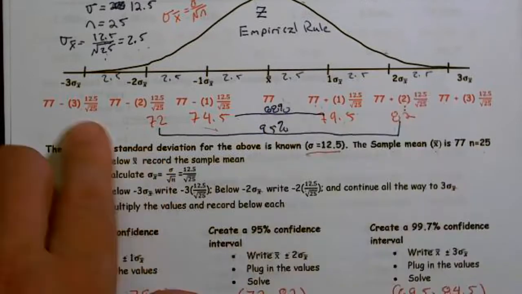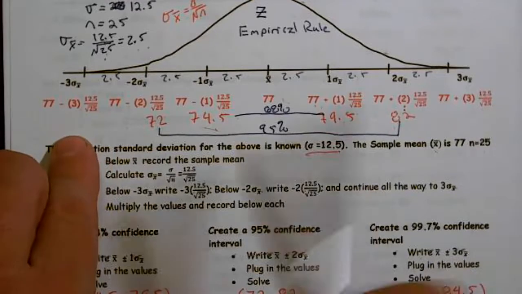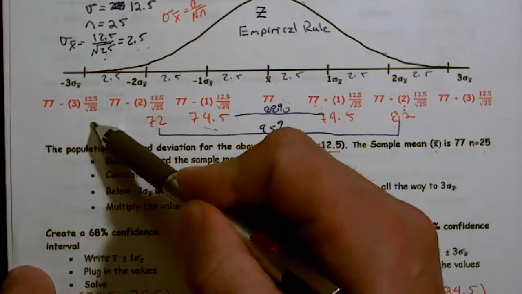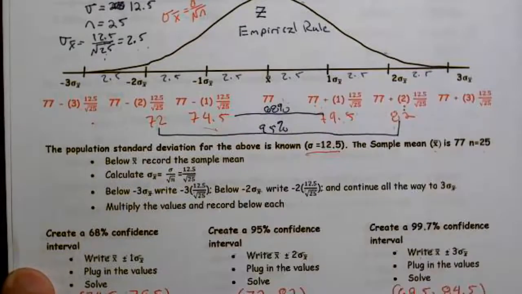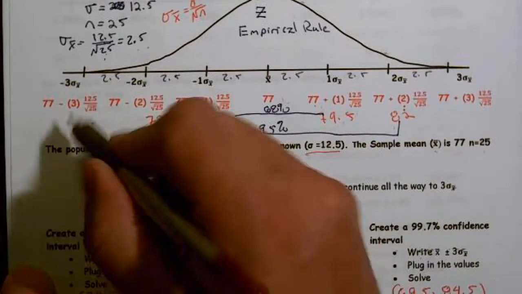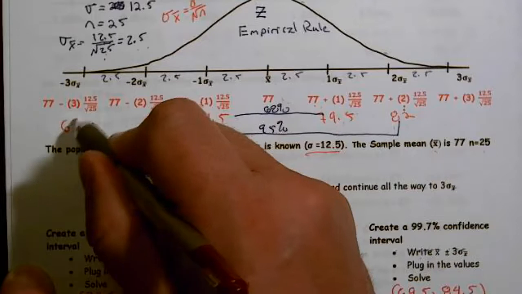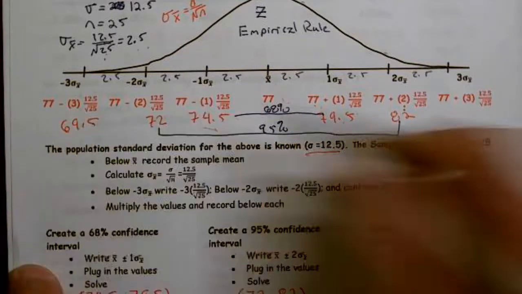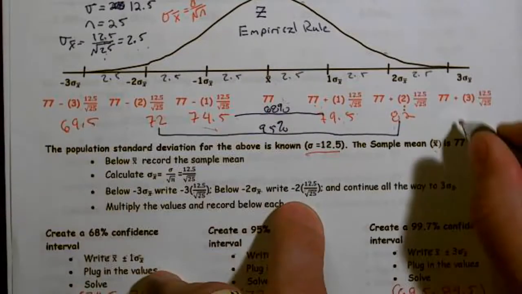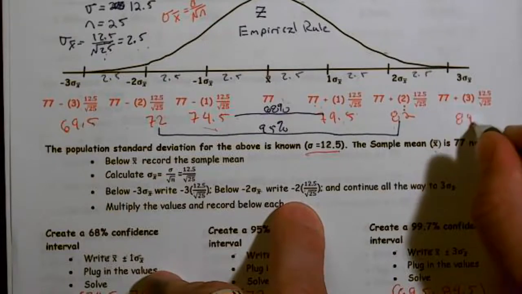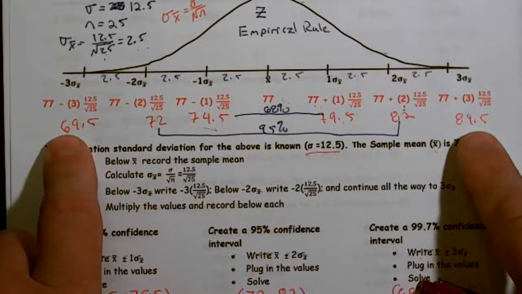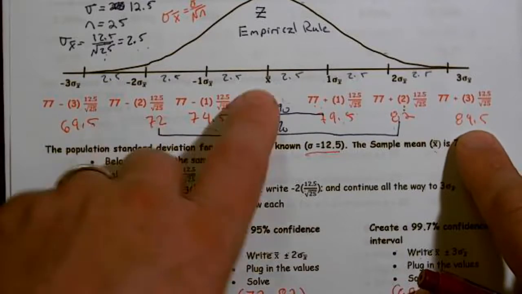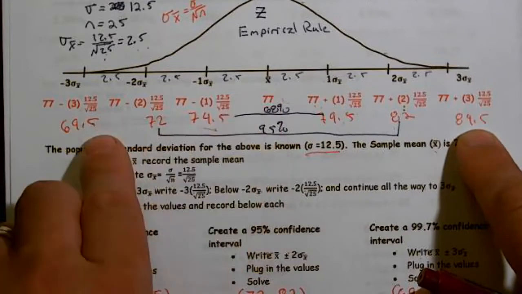Then if I went all the way out to 3 standard deviations, 3 standard deviations below happens to be 69.5, and 3 standard deviations above happens to be 84.5. From 69.5 to 84.5, I'm 99% certain that the true population mean will fall in this interval.